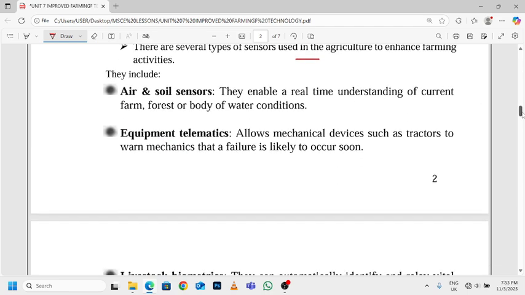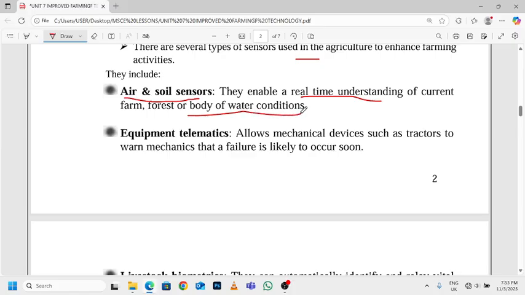So what are these examples of sensors? We have air and soil sensors. So what do they work for? The air and soil sensors enable real-time understanding of current farm, forest, or body of water.